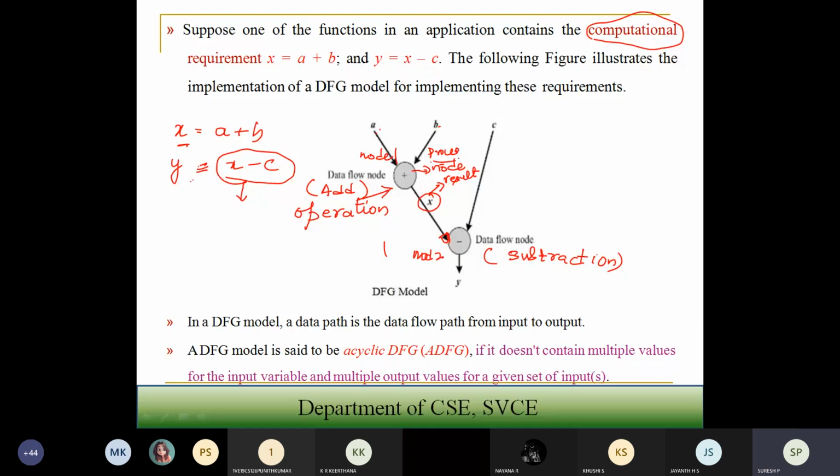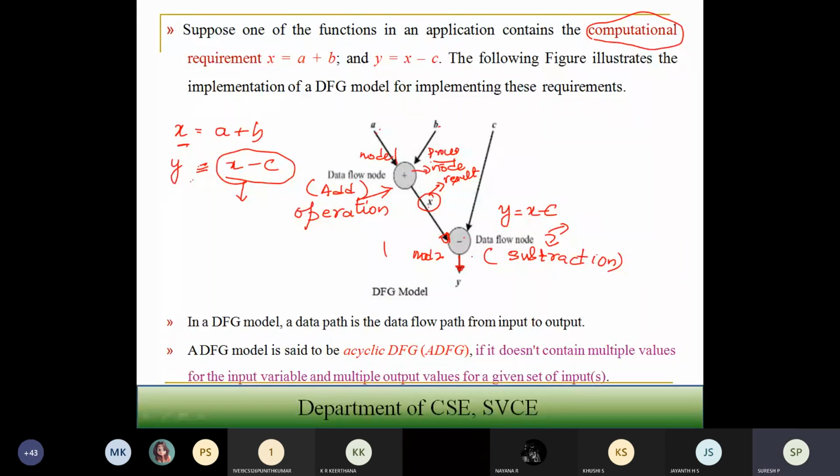The result you get is x, and that is fed as an input to the next node. This node is going to do the process of subtraction, x minus c, and it is going to have an outward arrow, which results in y.